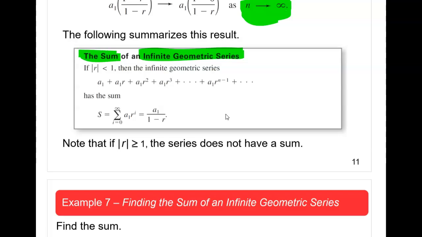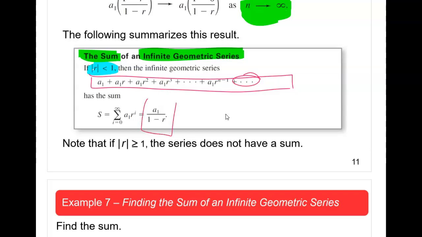And remember, only if the absolute value of the common ratio is less than 1. Then the expansion does look like what we have here. We could see that it's infinite because of the ellipses there, or the 3 dots. And it has the sum, and we will use this term right here.